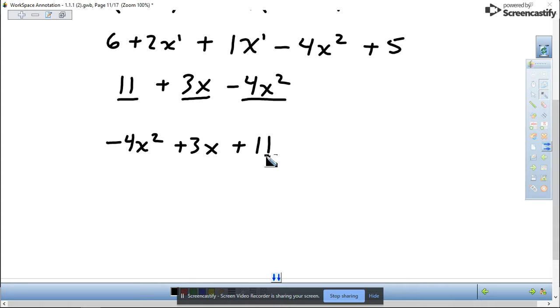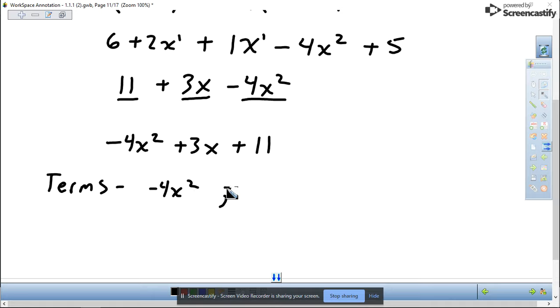Now we can go back through and identify terms, factors, coefficients, and constants. So we're going to start with identifying the terms. So the terms in this case are the things that are separated by addition or subtraction. So your first term is negative 4x squared.